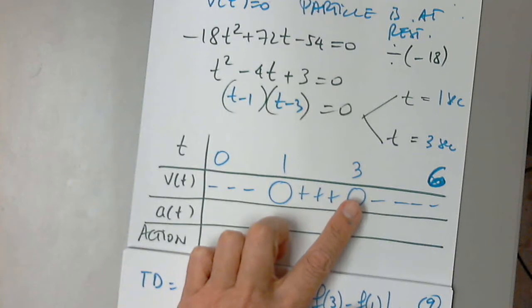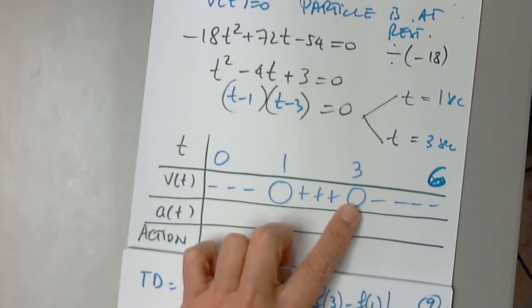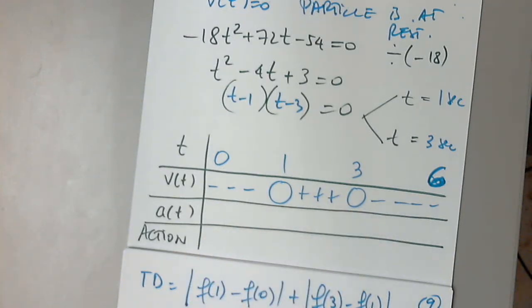And then at second 3, it turns around again, and for 3 more seconds goes the other way. Based on those points that we plugged in, when its velocity is 0, and when the velocity changes sign. Gotcha. Okay. So between 0 and 1 it goes this way. Then between 1 and 3 it goes this way. Between 3 and 6 it goes this way. So we have to add those pieces. Okay.